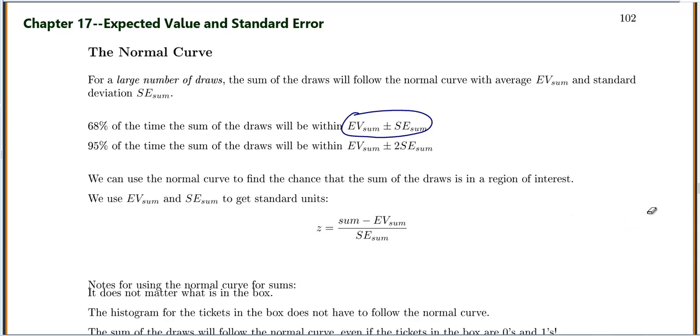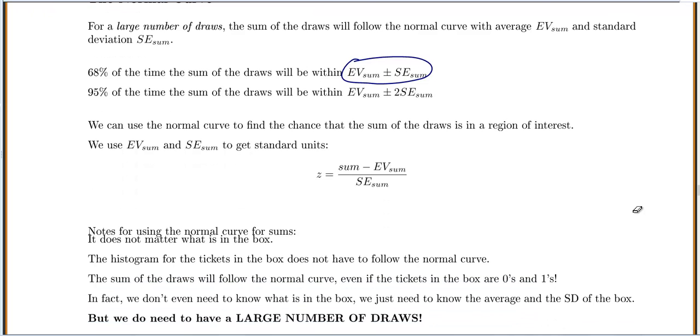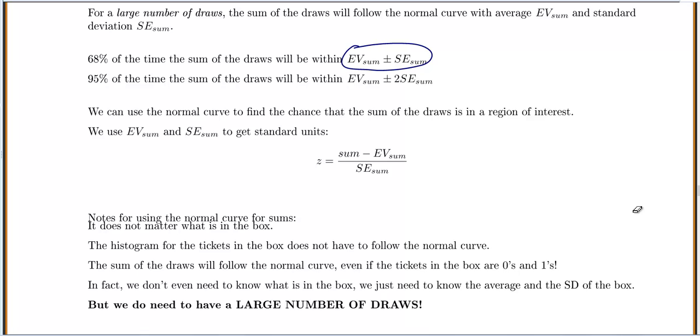Okay, now there are a few important notes for using the normal curve for the sums. First is that it doesn't matter what's in the box, and the histogram for the tickets in the box doesn't have to follow the normal curve, because the sum of the draws will follow the normal curve even if the tickets in the box are just ones and zeros. And in fact, you don't even need to know what's in the box, you just need to know the average and standard deviation in the box.